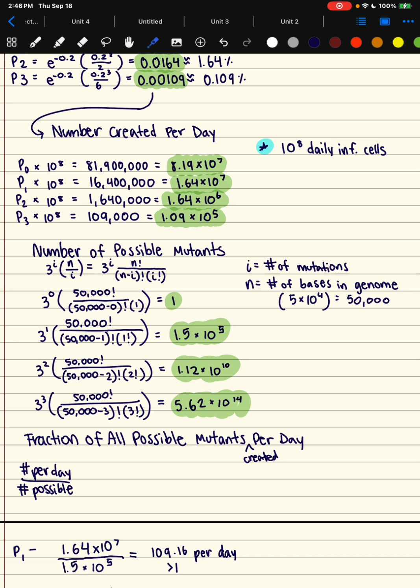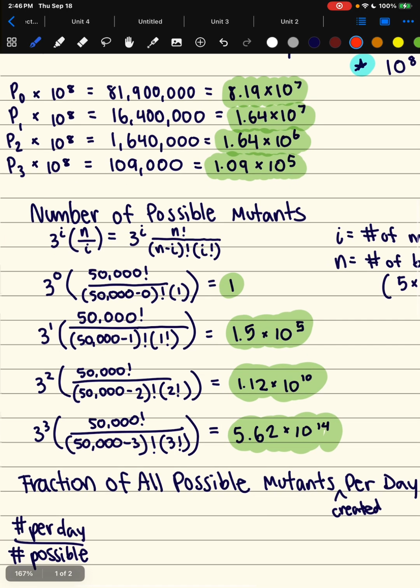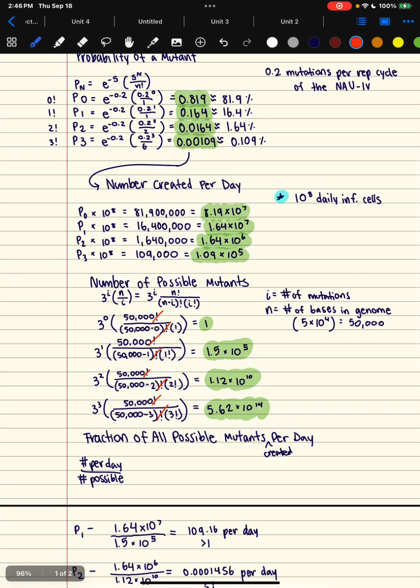There are 3's in the formula, so we multiply 3 to whatever to each of these. You just plug it in. You have 50,000, simplify it, and put it in the calculator. Our group decided that these factorials would cancel out and make it a lot easier.